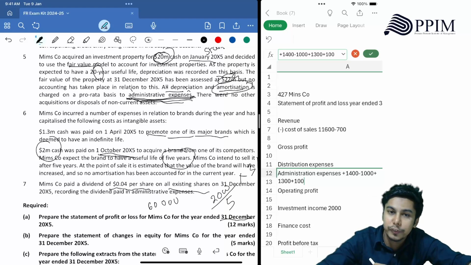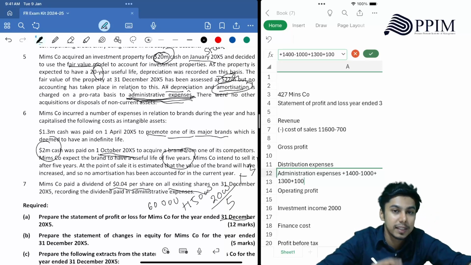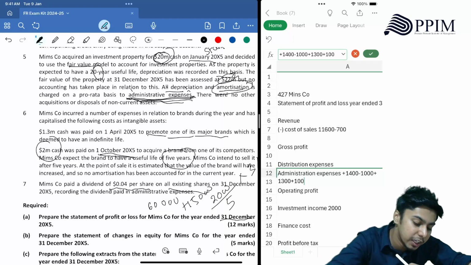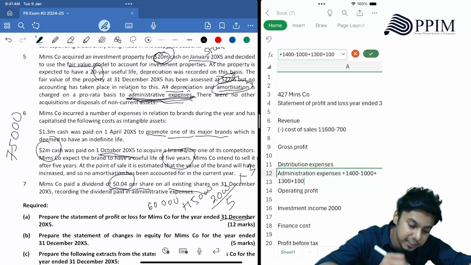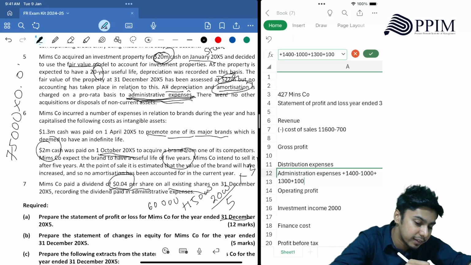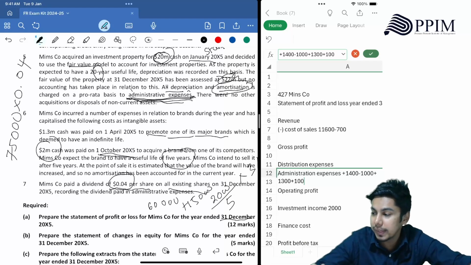Yes. From the rights issue, can you remember I said 15,000 new shares were created. That means now in our company, total number of shares are 75,000. For that, we are paying 0.04 dividend. Calculate and see, guys. How much will that be?